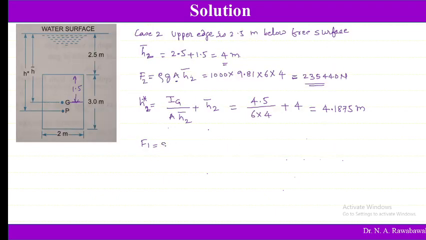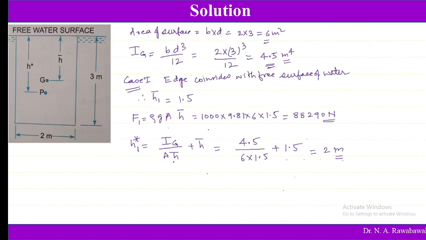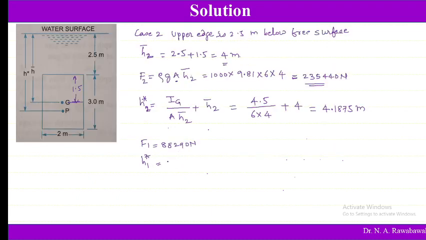So the summary is: F1 which we calculated is 88,290 Newton, and H1 star which we obtained here is 2 meters, and F2 force is 2,35,440 Newton, and H2 star is equal to 4.1875 meters.